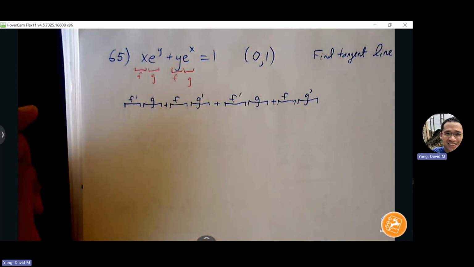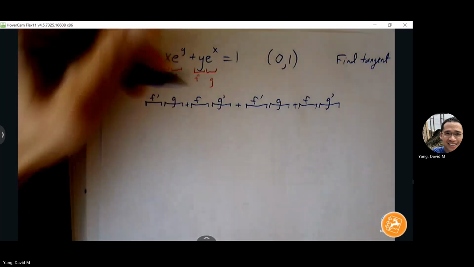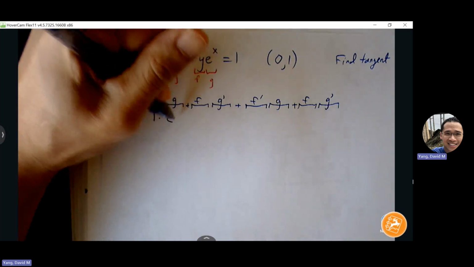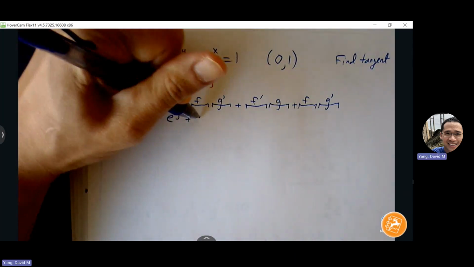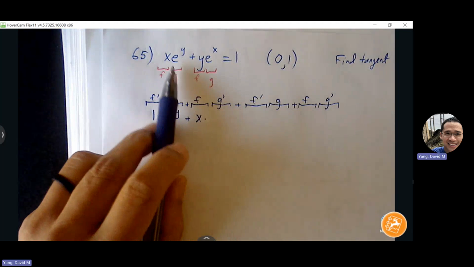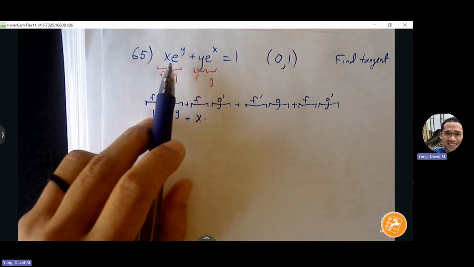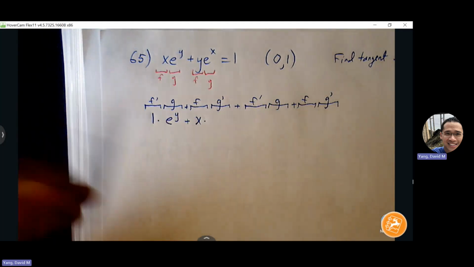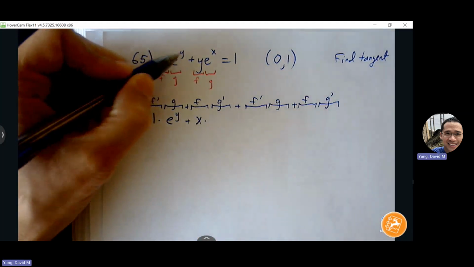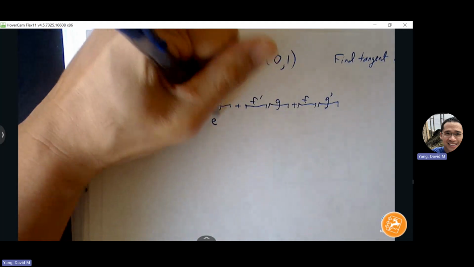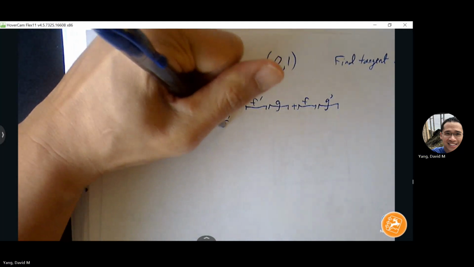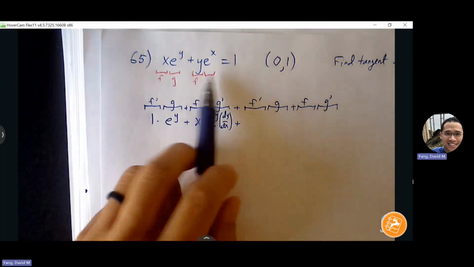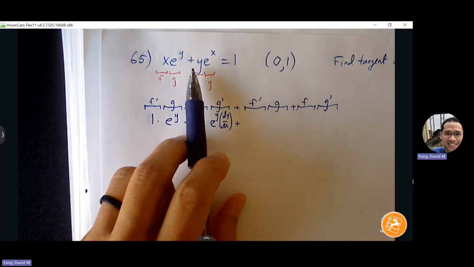Okay, so f prime. x becomes 1. Okay, g function, no changes. Back to f. Okay, what's g prime gonna be? What's the derivative of e to the y? Is it just dy dx? Oh, e to the y. Yes, the original function first, and then dy dx. Okay, on to the second expression here.